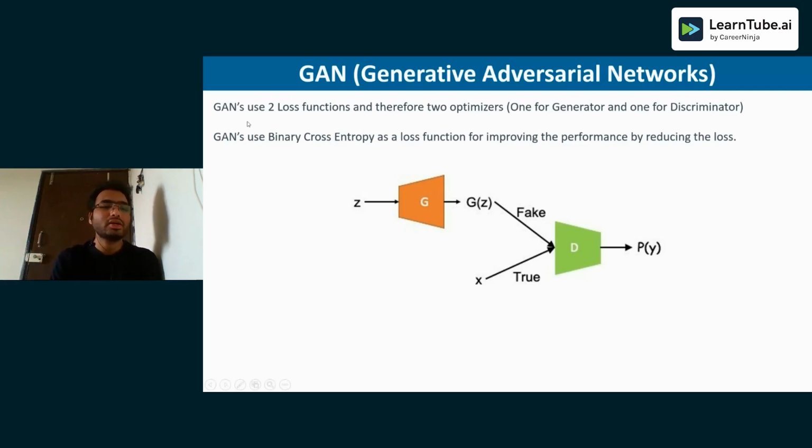So since there are two networks, there will be two loss functions and two optimizers as well, one for the generator network and one for the discriminator. They both use binary cross entropy as the loss function. This is the name of the loss function, and generally it is used.